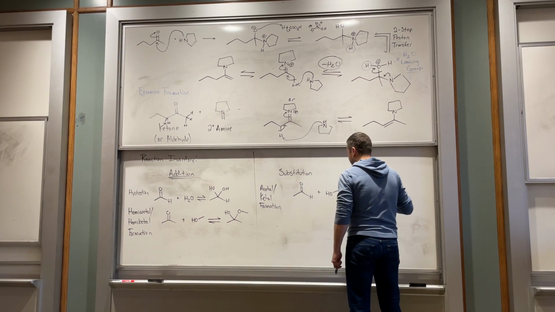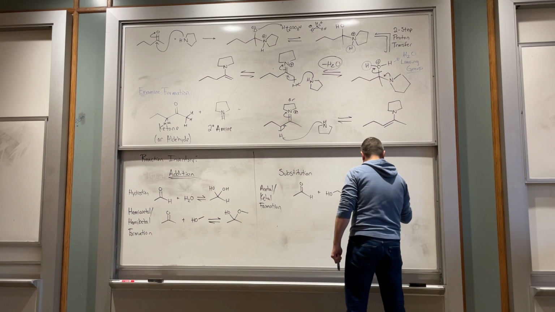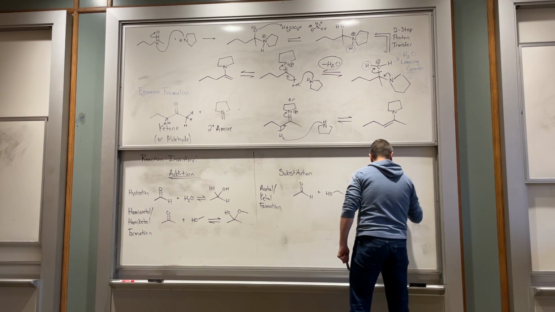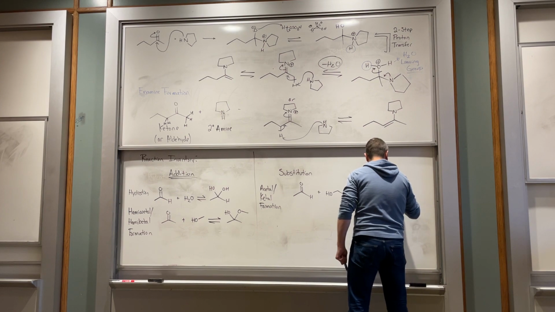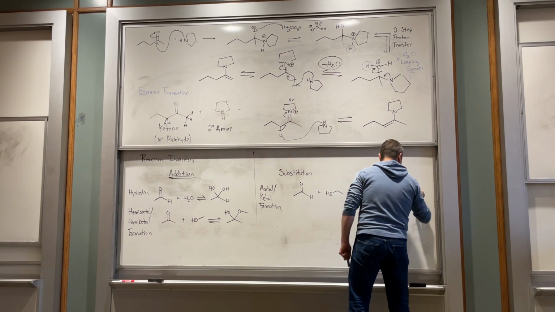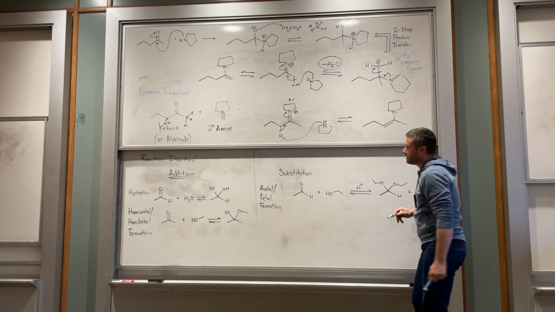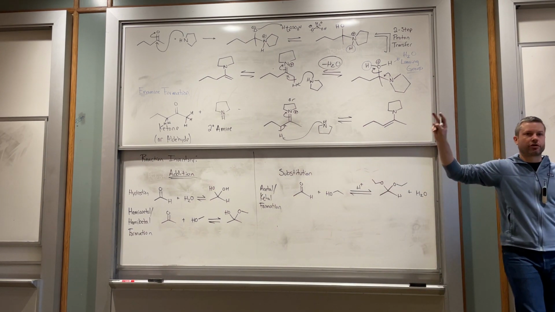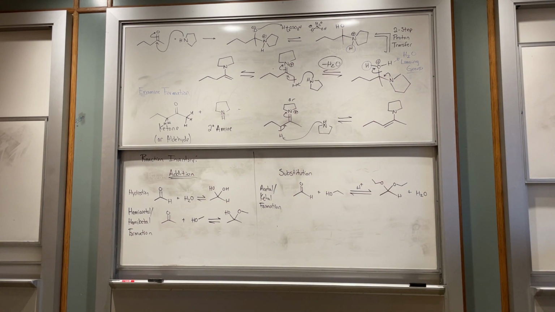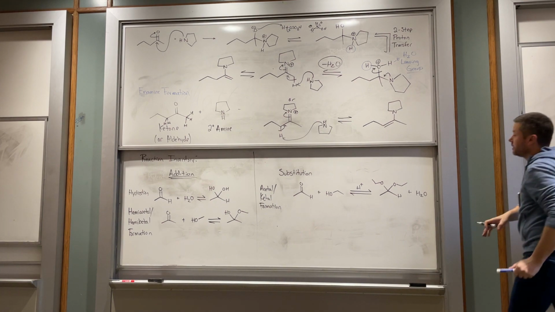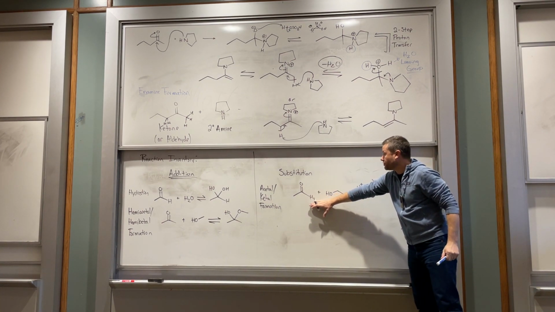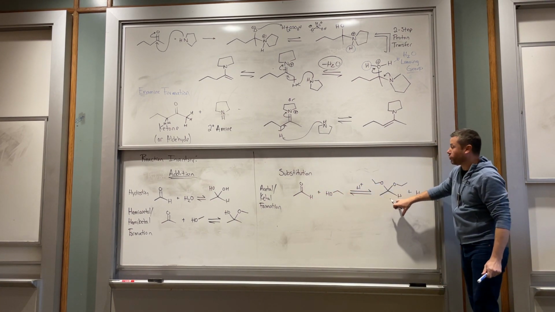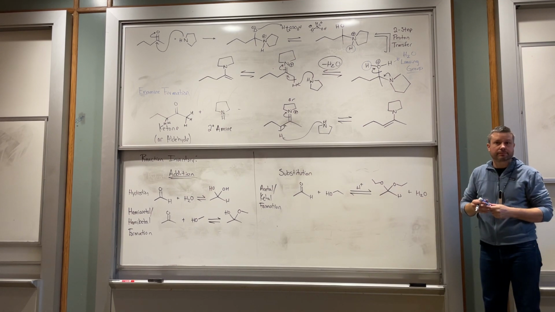Okay, the other class of reactions are going to be the substitution reactions. You can see for the addition reactions, we're starting with two starting materials, and we're ending with one product. So those two starting materials are combining or adding together to make one thing. In substitution, we're starting with two starting materials, and we're ending with two products.